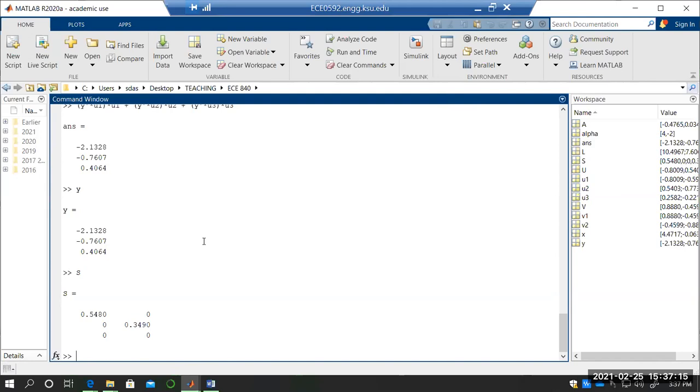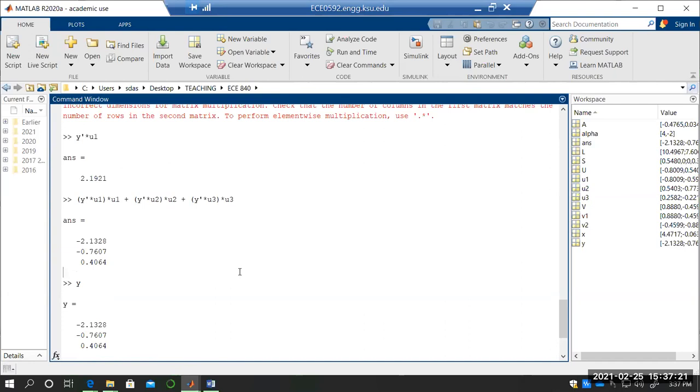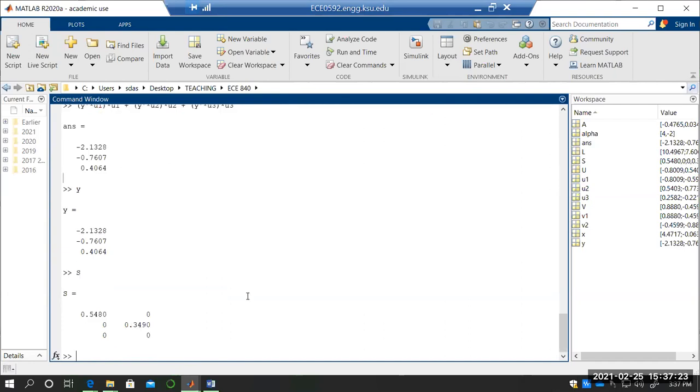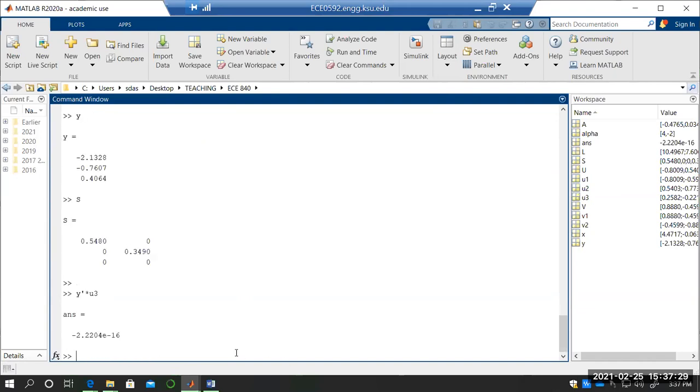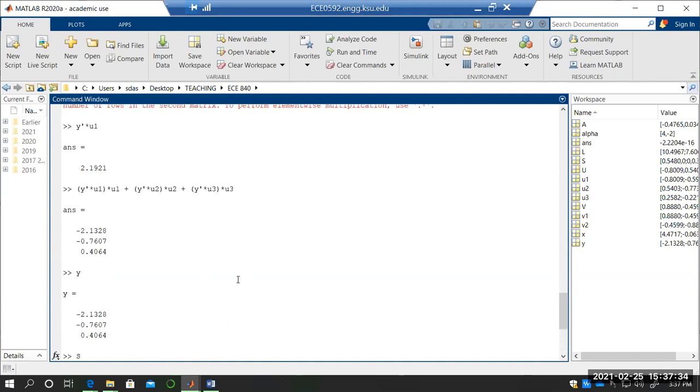Okay, so now, how should I explain this? What is this, by the way? Yeah, this is 0. Basically, it's a linear combination of u1 and u2. Okay, so what's the direction of maximum stretching?